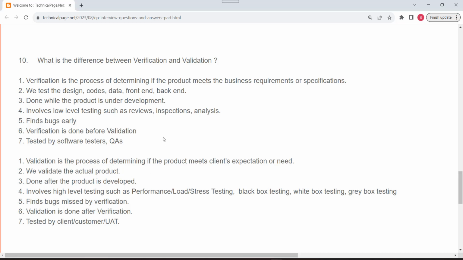The third point is verification is done while the product is under development, whereas validation is done after the product is developed.